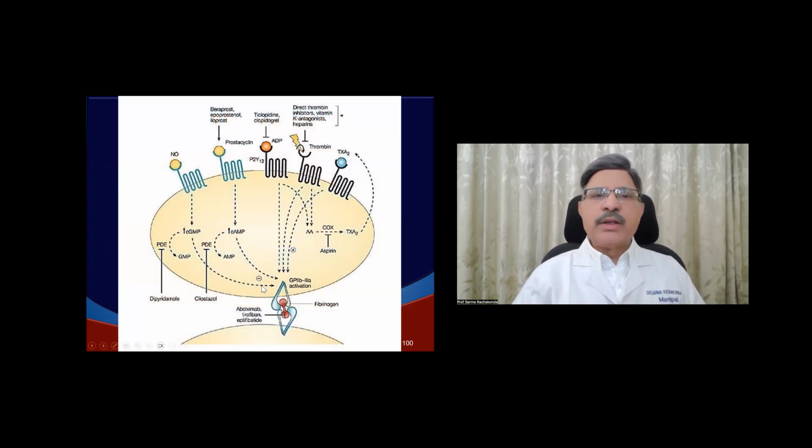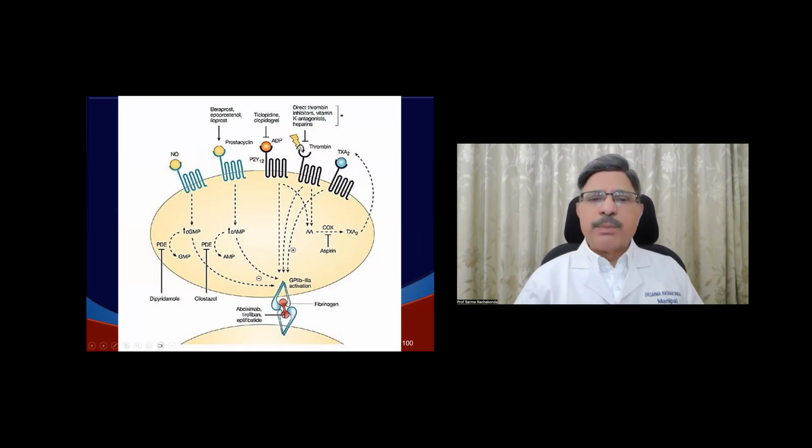Now, what are the various drugs we have got? There is the NO receptor, prostacyclin receptor, ADP receptor, thrombin receptor, thromboxane A2 receptor, and all these are attacked by different substances. And this final common pathway is the GP IIb/IIIa activation.